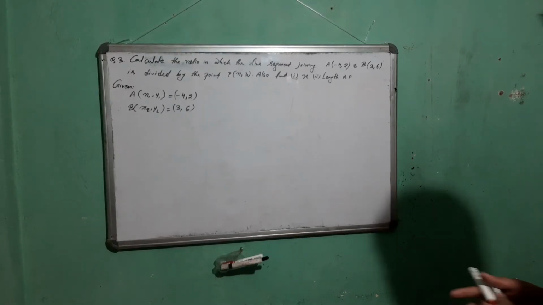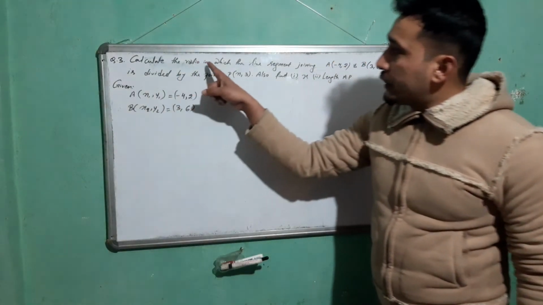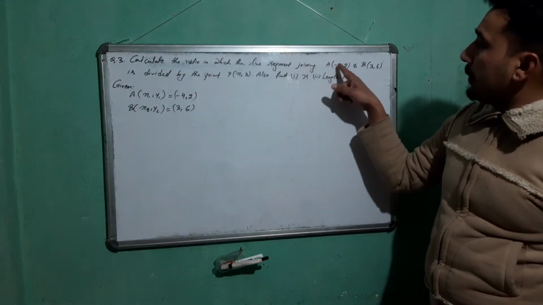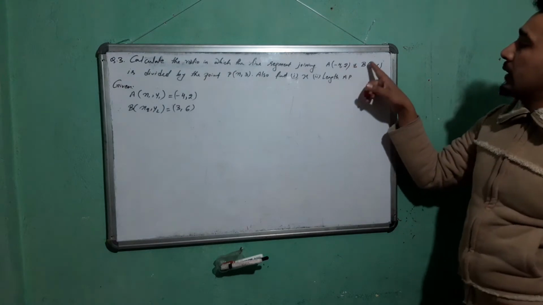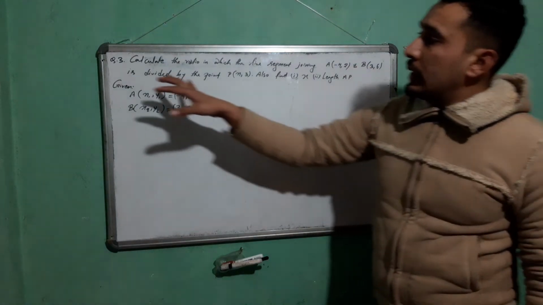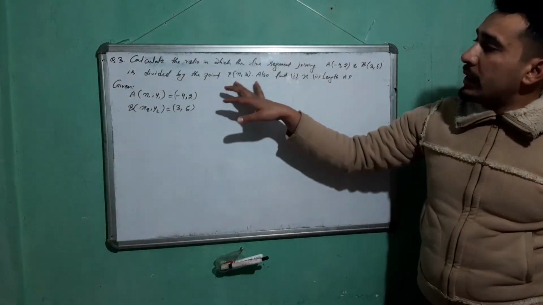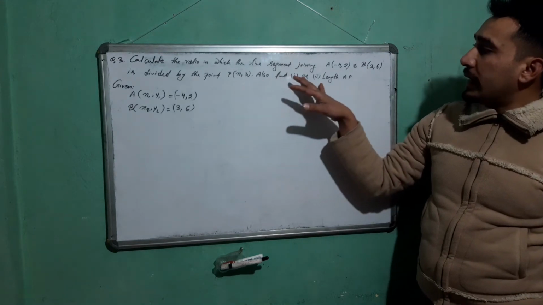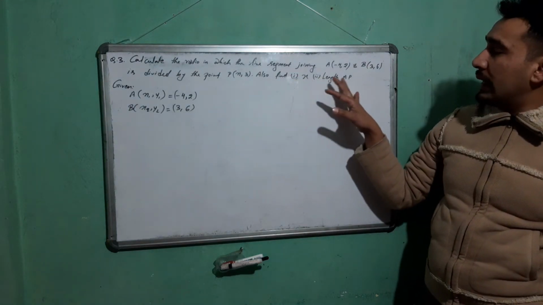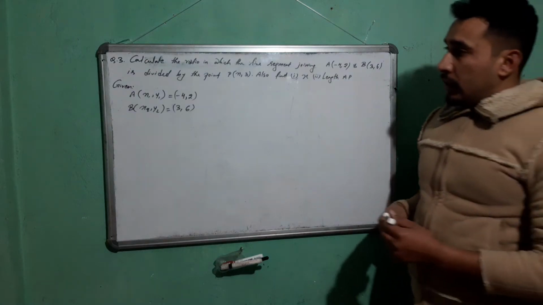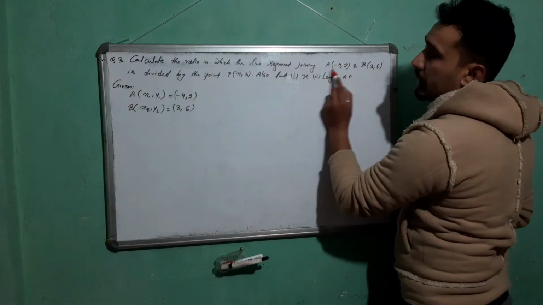Now the next question is, calculate the ratio in which the line segment joining A (-4, 2) and B (3, 6) is divided by the point P (x, 3). Also find number 1, the value of x, and number 2, the length AP. Let A be (x1, y1).